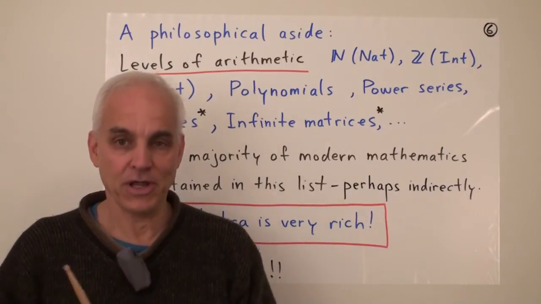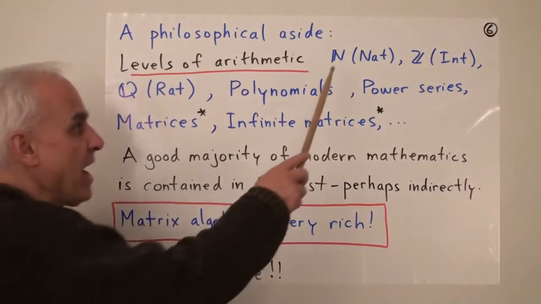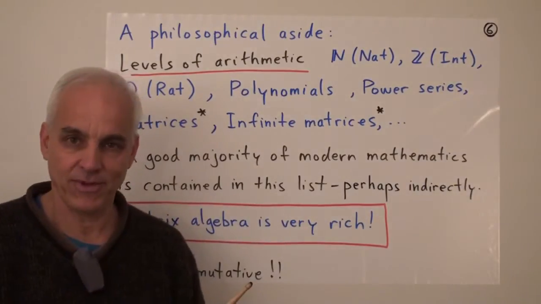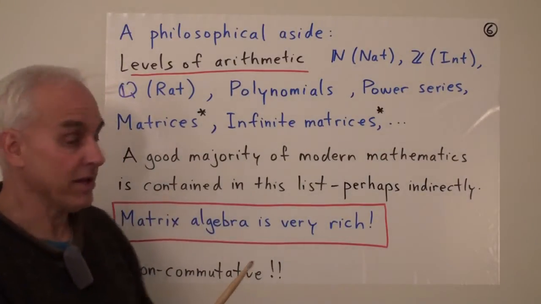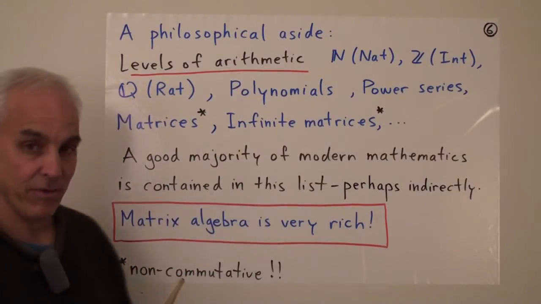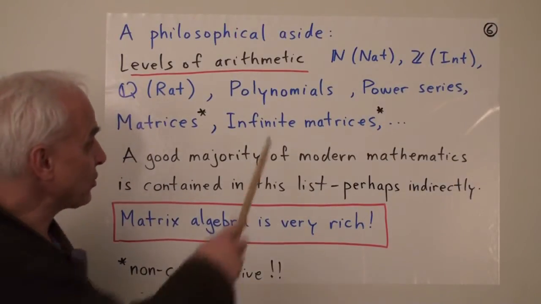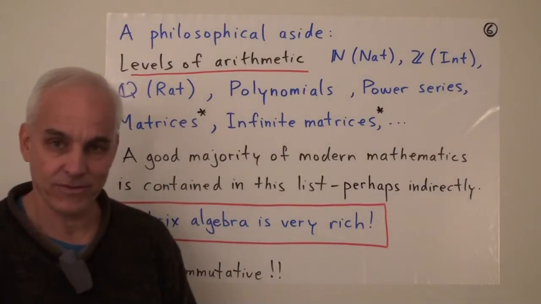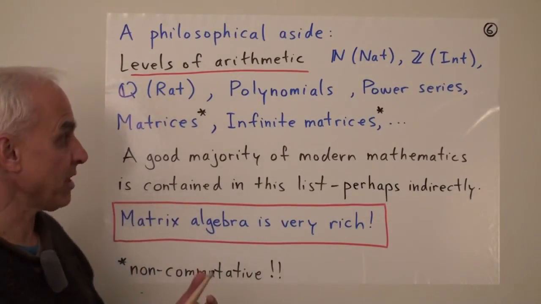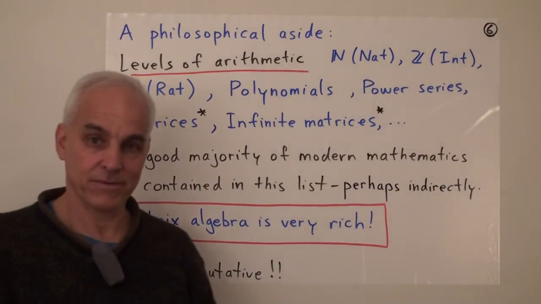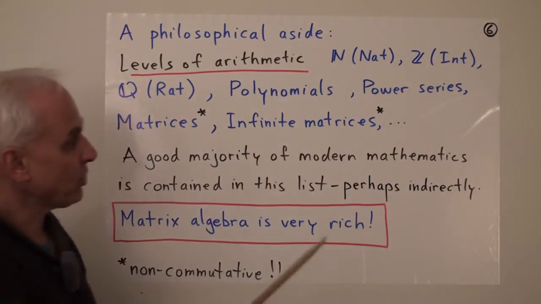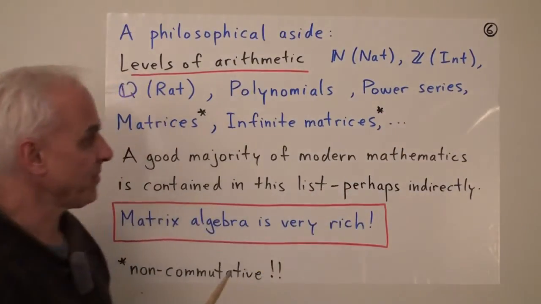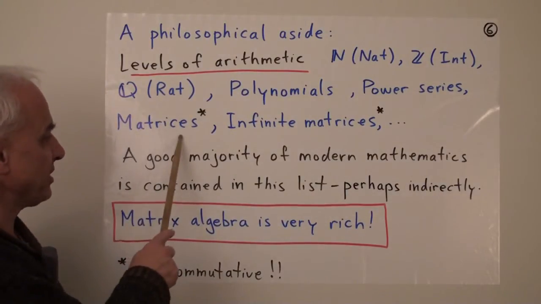When we start out learning mathematics, we start with the natural numbers or counting numbers, and then we progress to the integers, and then a little while later we learn about the rational numbers. In high school, then we move to polynomials, and polynomial arithmetic becomes very important. Then more at the university level, we start to learn about power series and matrices.